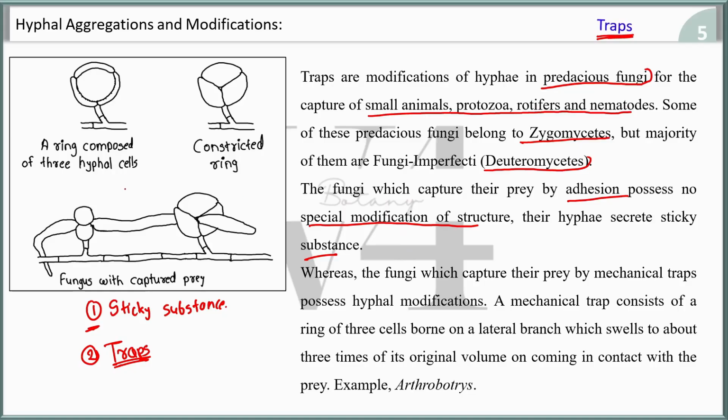Yes. From this picture, what you can make out is that a mechanical trap is made up of three cells. These three cells form a ring.